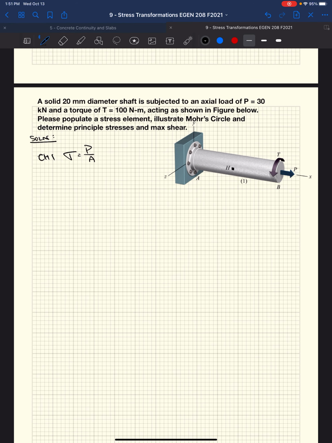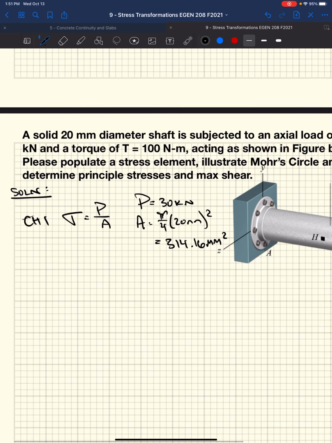Okay, so we know there's going to be a normal stress in this shaft, right? That's going to be acting on the sides of the stress element H. That stress is going to be P over A. We know P is 30 kilonewtons, right? An area, well, that's pi over 4 times the diameter squared. Well, that's 20 millimeters, or 314.16 millimeters squared.